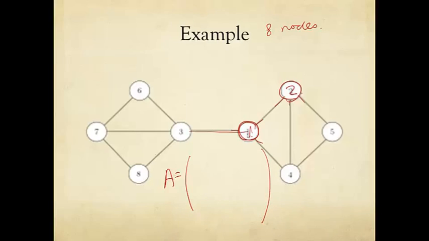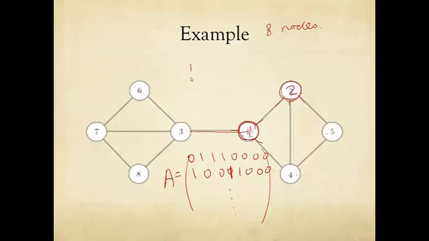Clearly, the first row says node 1 connects to 2, 3, and 4. That's it. So it's 0, 1, 1, 1, then 0, 0, 0, 0. The second row, node 2, connects to nodes 1, 4, 5. So 1, 0, 0, 1, 1, and 0, 0 everywhere else. Okay, you can fill out the rest, or you can take a look at the textbook.